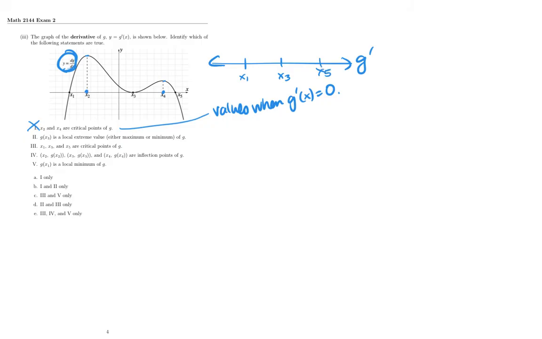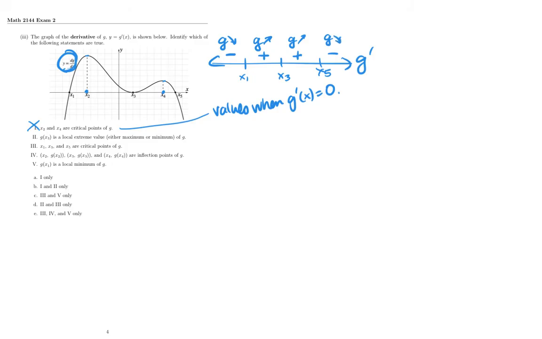To the left of x1, my G prime is negative. Between x1 and x3, G prime is positive. Between x3 and x5, G prime is positive, above the axis. And to the right of x5, G prime is negative, which means that G is decreasing here, G is increasing here, G is increasing here, and G is decreasing there.